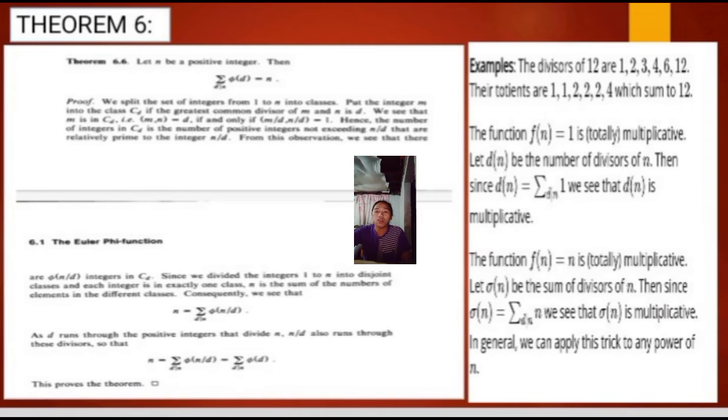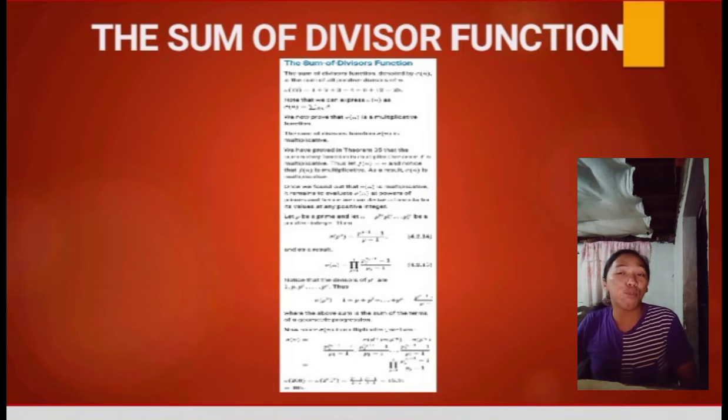So let us just note that if d(n) is multiplicative, then f(n) is also multiplicative, and σ(n) is also multiplicative. So we just apply this to any power of n, the sum and the number of divisors.